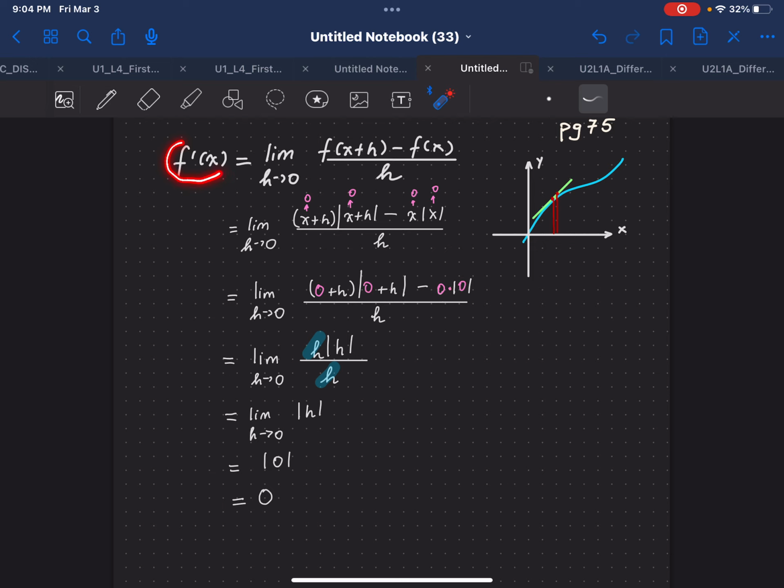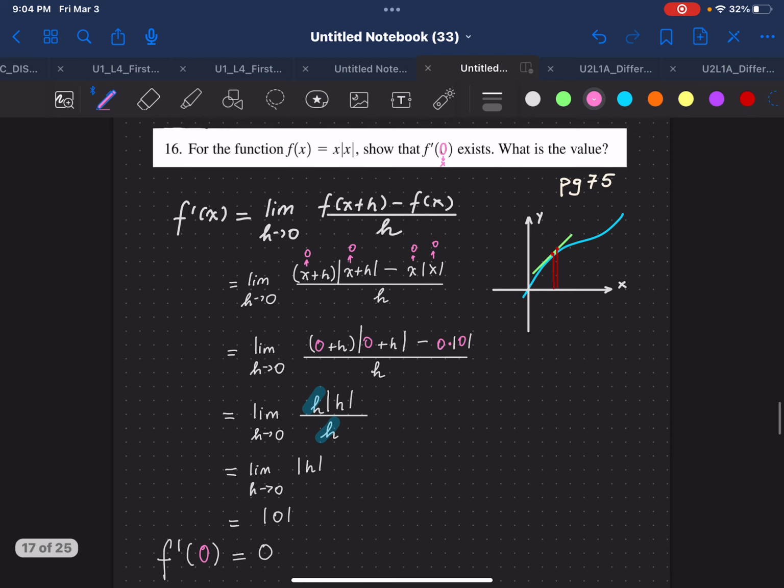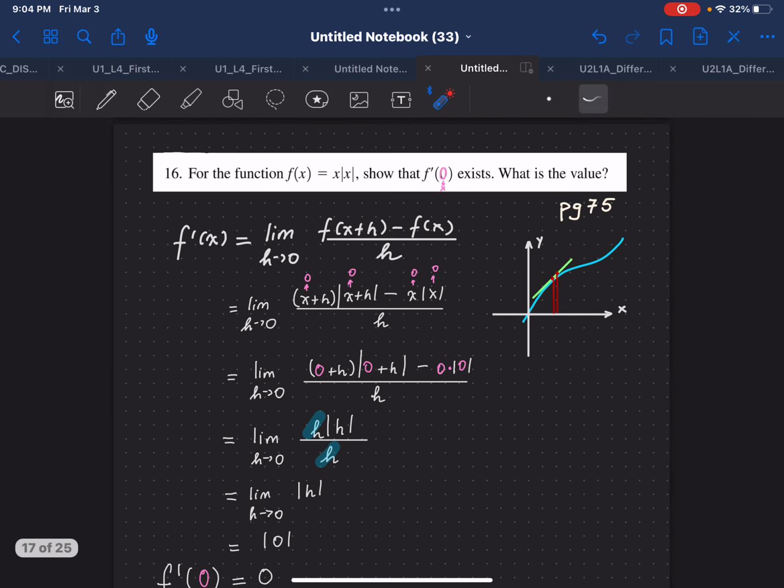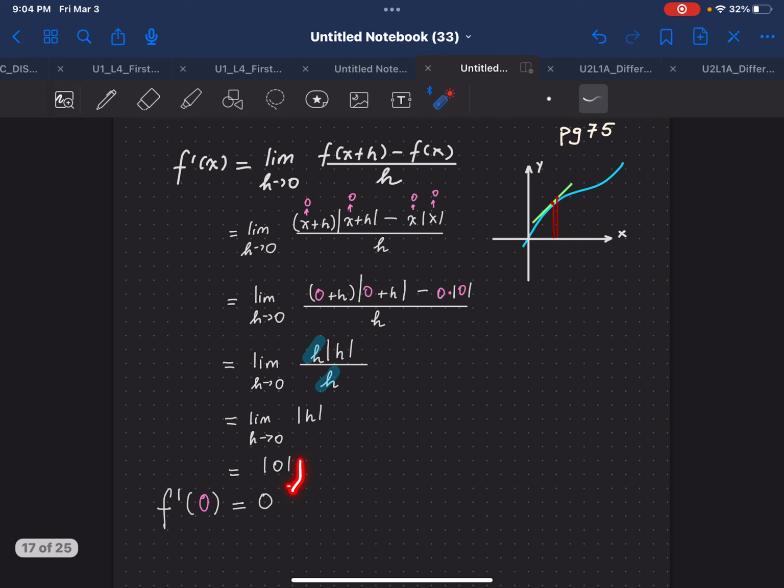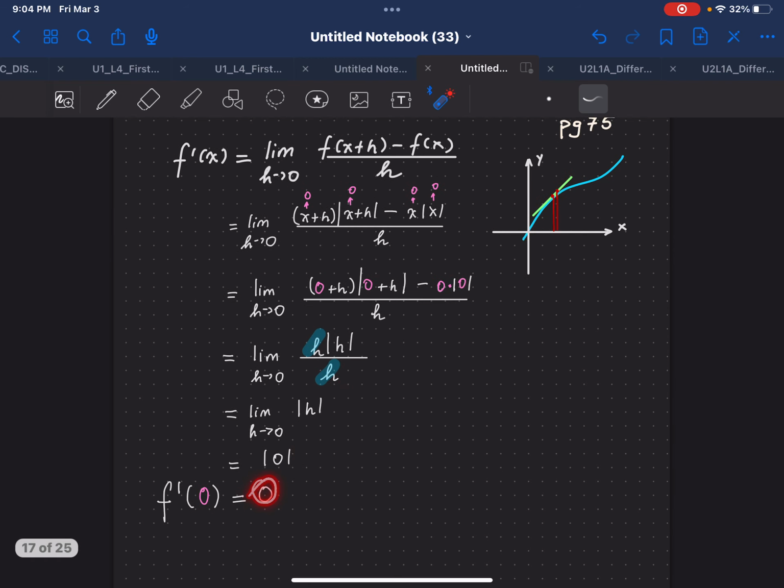We were finding the derivative, and we measured the derivative at 0. So we're going to say that the derivative at 0, x equals 0, is equal to 0, which means that the derivative does exist. Why? Because we were able to evaluate it with no obstacles, right? So we easily simplify the h, and the value of the derivative is equal to 0.